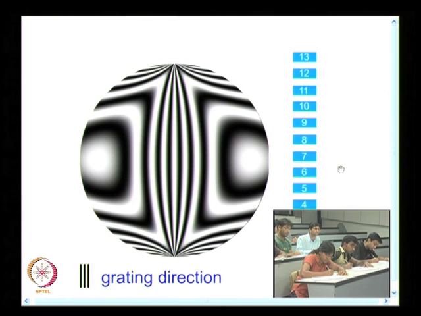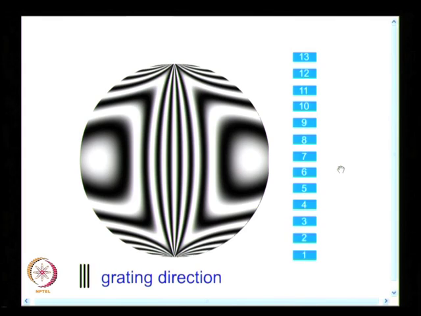Suppose somebody gives you a photograph without the grating direction on an unknown situation, if they want you to interpret, you will not be able to give an answer immediately, unless you know how the experiment is conducted, how the values are recorded.